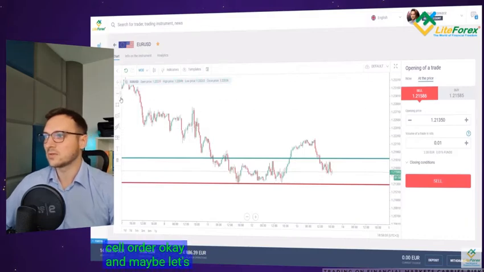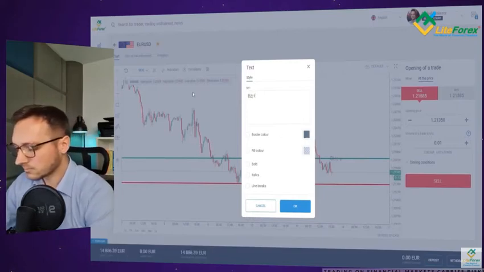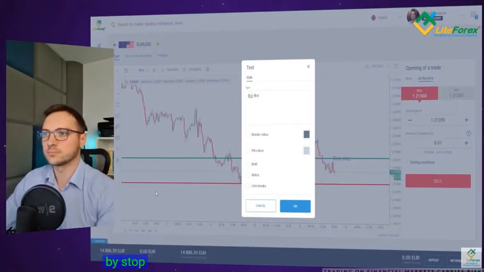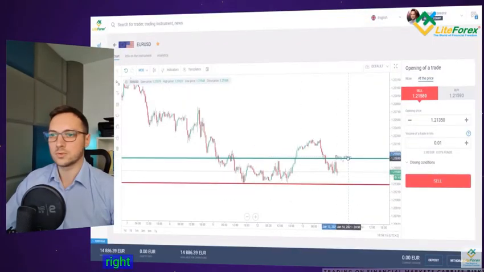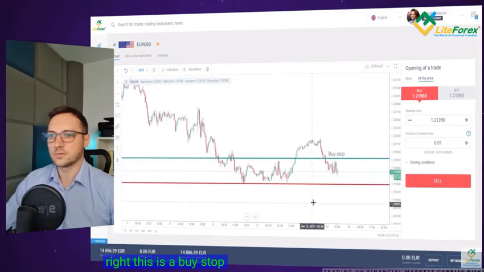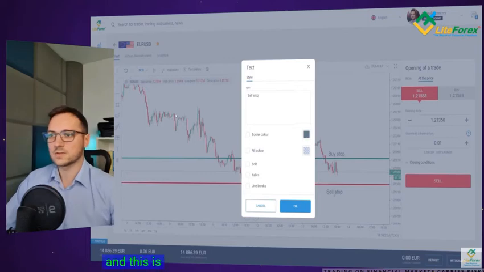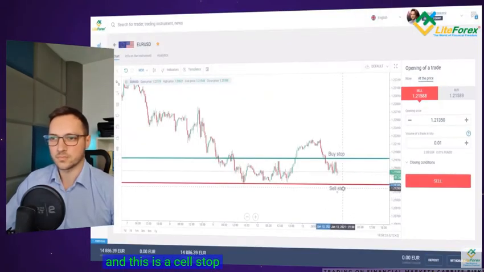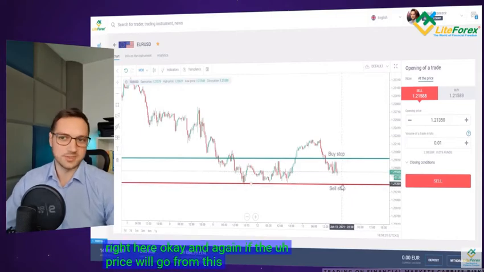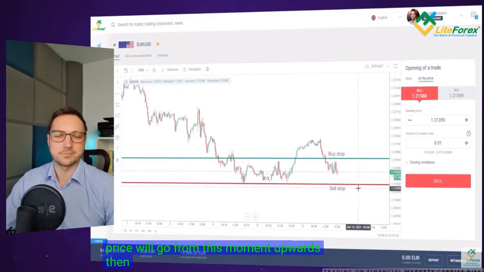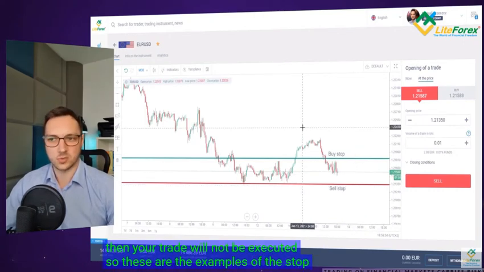And maybe let's add some text: this is a buy stop, and this is a sell stop. Okay. And again, if the price goes upwards from this moment, your trade will not be executed. So these are the examples of stop orders.